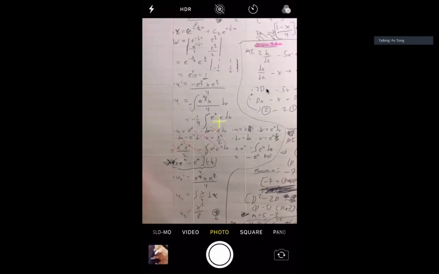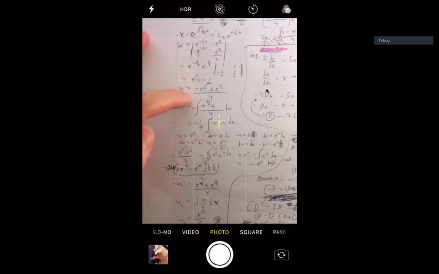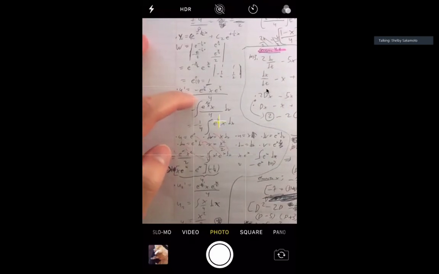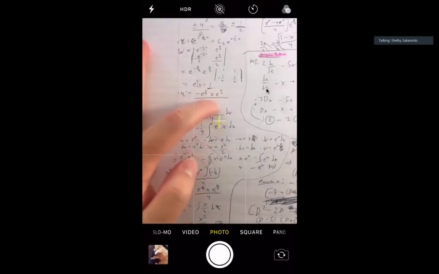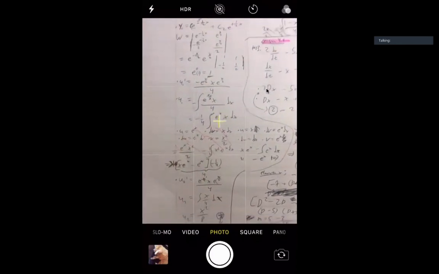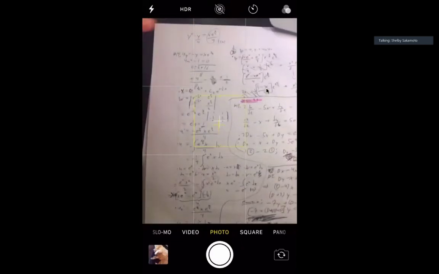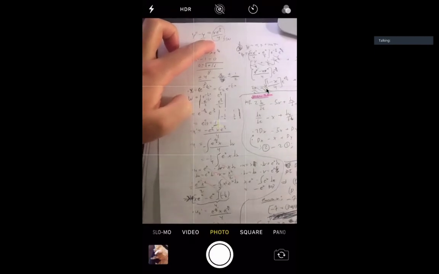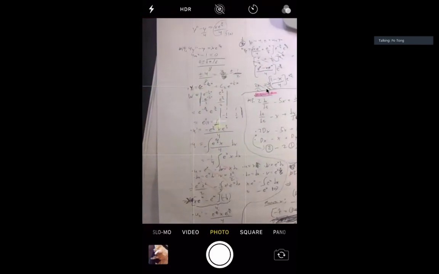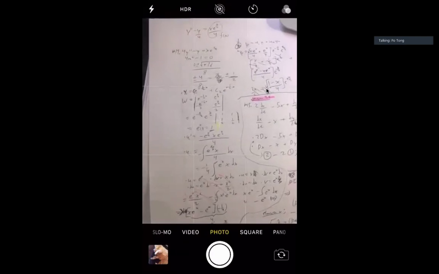Negative y2 over w, and w is just 1. Negative y2 f of x. Yeah.